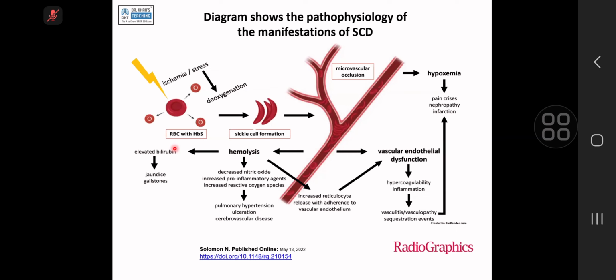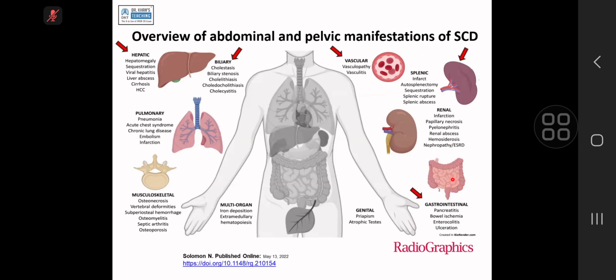There can be hemolytic anemia, there can be infarctions, and because of that, so many other things happen. This pathophysiology tells you everything. I don't have time to go through that. But the key point to remember is, don't think that with sickle cell you'll just look for bone and spleen and things like that.